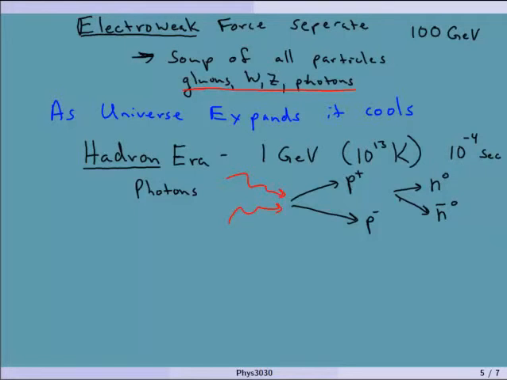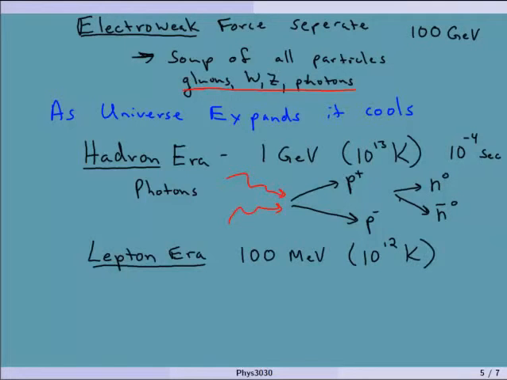After the Hadron era, we have something called the Lepton era. That's why I went over all these names before, because this is just what they're known as. What happens here is we've got energies of about 100 MeV, about a factor of 10 below a GeV, which is 10 to the 12th Kelvin.